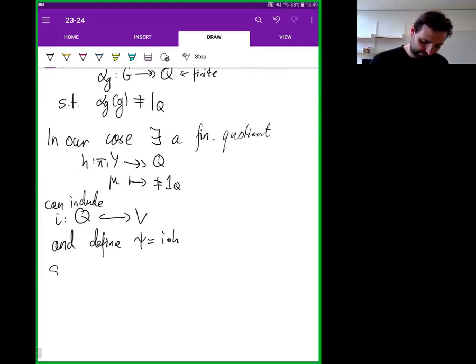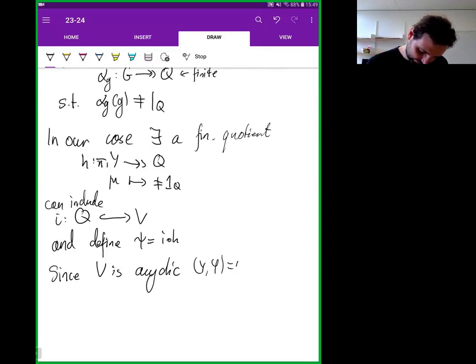And now since V is acyclic, the class of Y and phi equals 0 in this third bordism group. Okay, so that would be done.